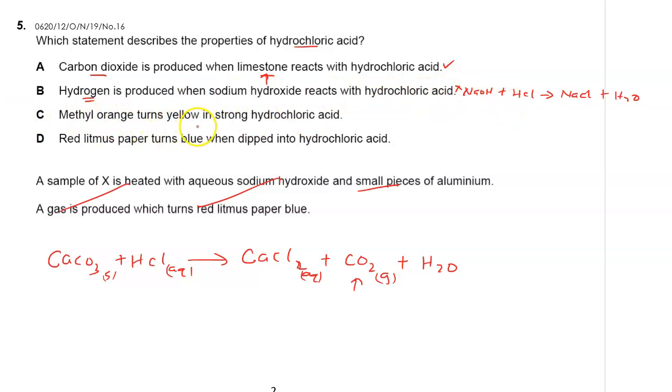Methyl orange turns yellow in strong hydrochloric acid. That is not it. It turns red in hydrochloric acid, not yellow. A red litmus paper turns blue when dipped in hydrochloric acid. Likewise, this is not correct. Litmus paper turns red in acidic medium. So the right answer there is B.